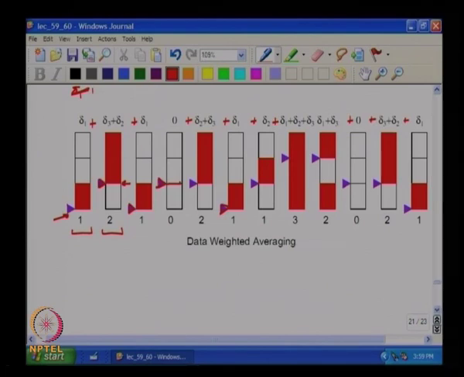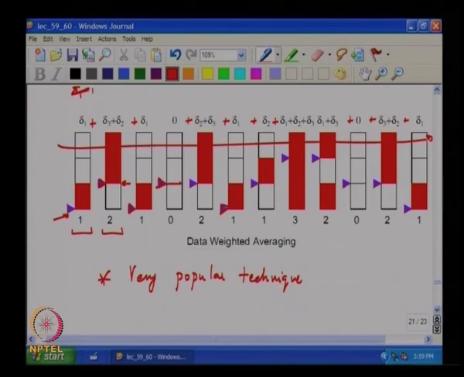So in the absence of mismatch, all of them will perform the same way, right. So this is, let me just add, a very popular technique, right. Again, if you look at each of these thermometer drive waveforms, they will contribute equally to the total output, okay. Does it make sense?